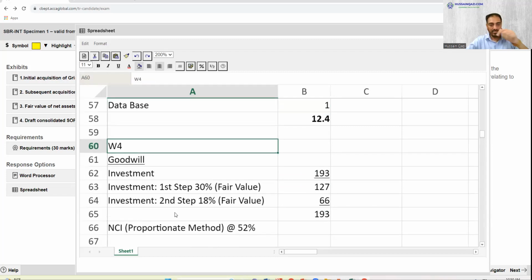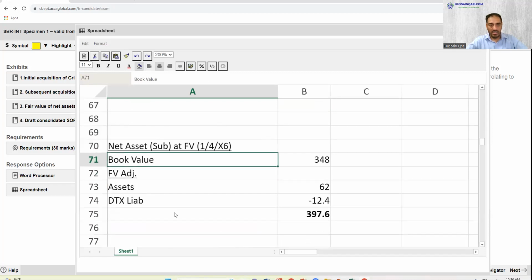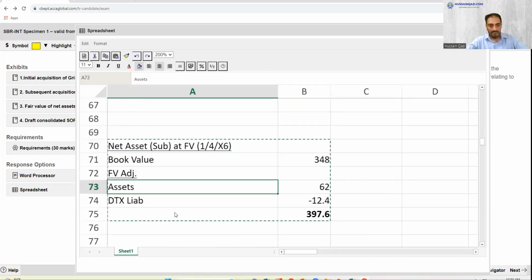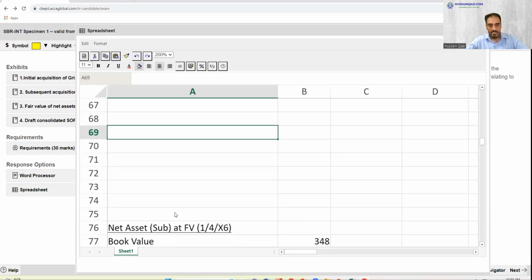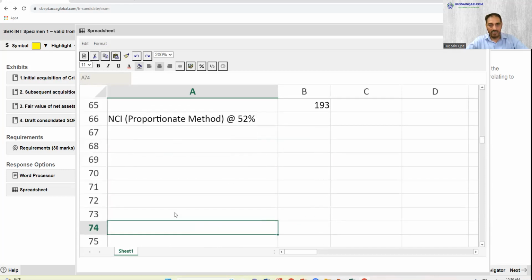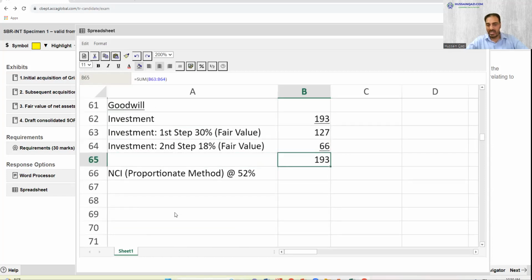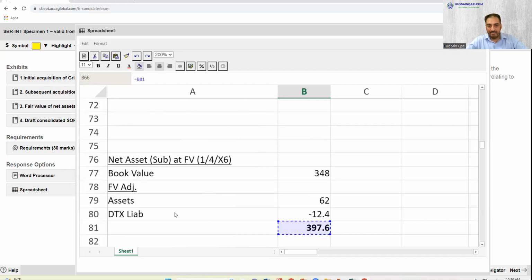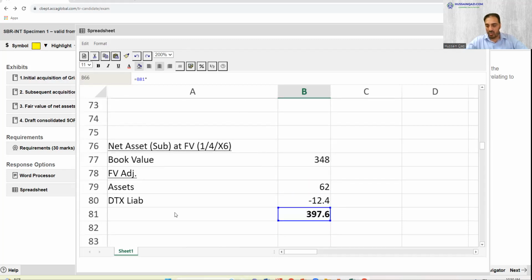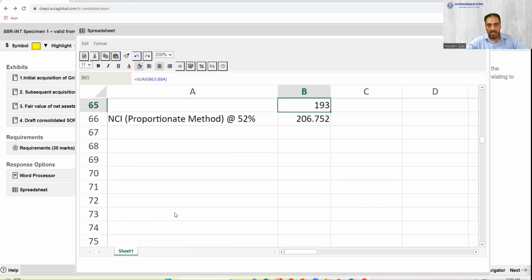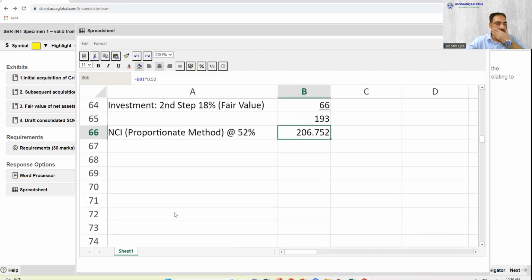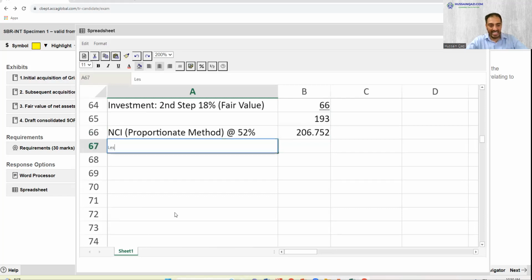So quickly, investment 193, NCI 397.6 times 0.52, that's 206.75, and less the fair value net assets of the subsidiary at acquisition.